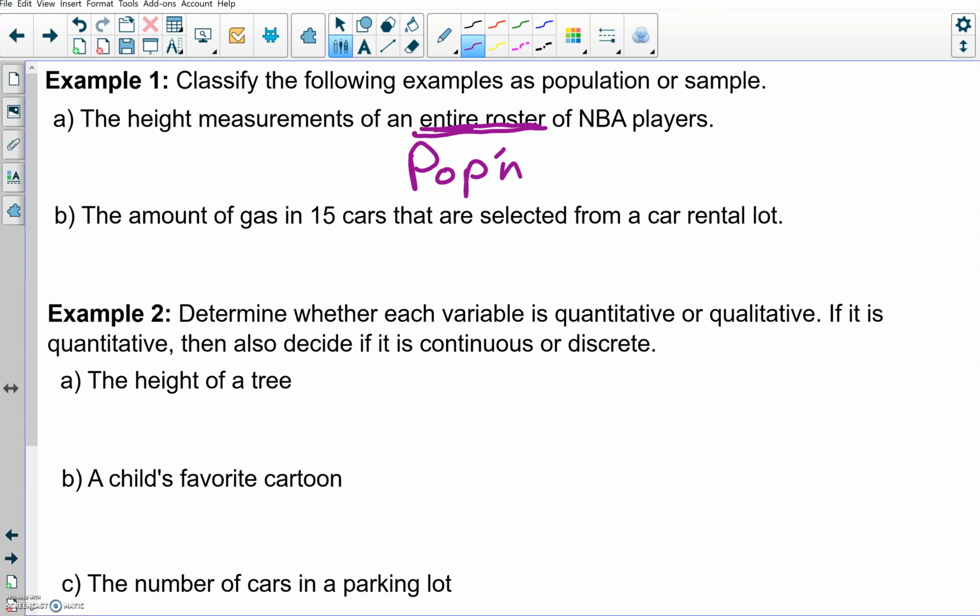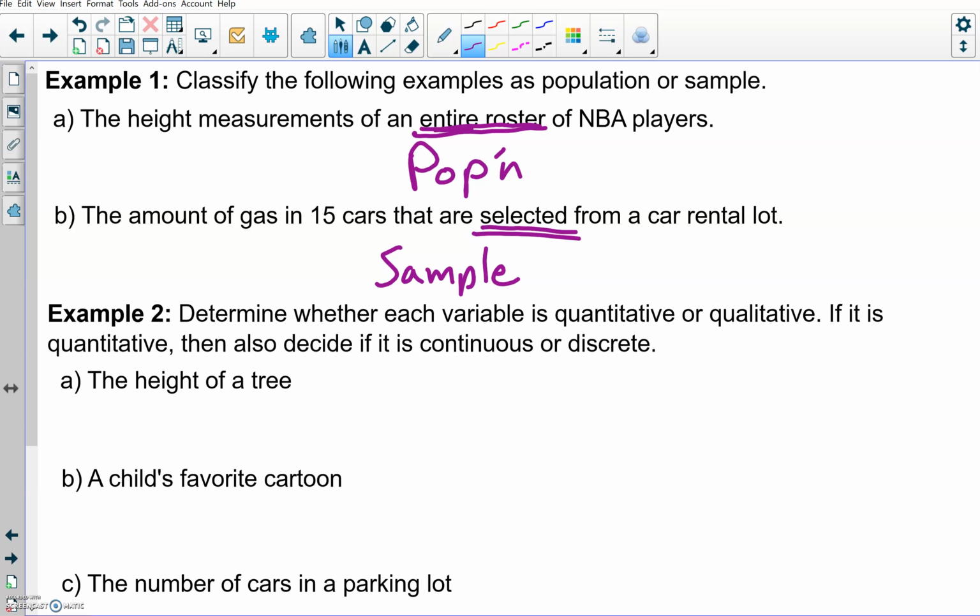So taking 15 from them, you can pretty much assume that's a random sample or some sort of sample. And the word selected gives a little key. You're just selecting 15. Otherwise, you'd say the amount of gas in all the cars on the rental lot. So the word selected is giving you the idea that it is a sample. So this would be a sample.